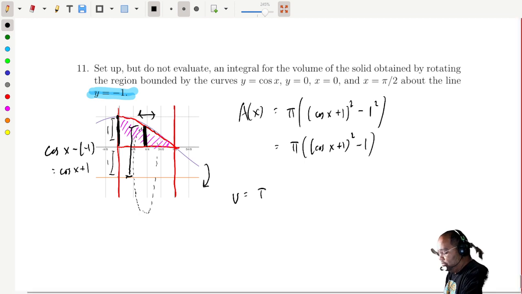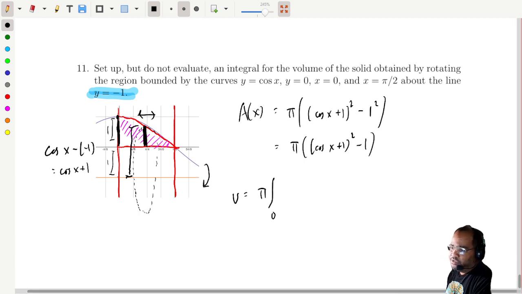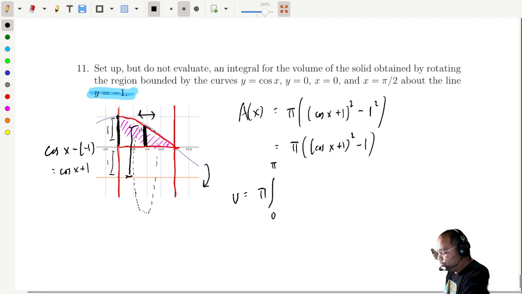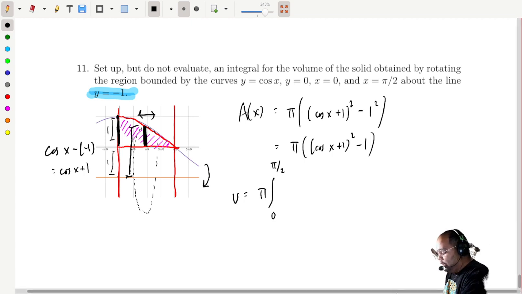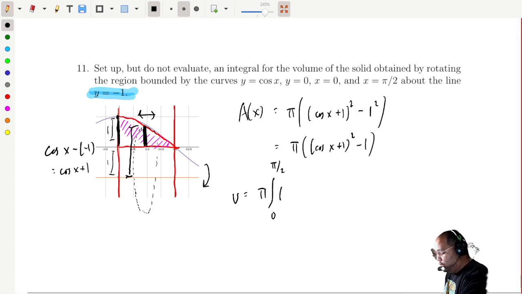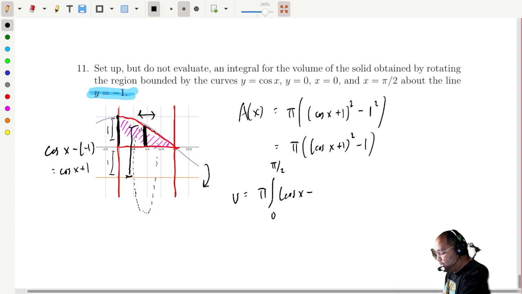Well, we're integrating this area function. Now it's from 0 to pi over 2. Again, whenever you have these horizontal or vertical lines as boundary curves, that tells you where you're integrating over. Okay. Now we'll have the integral of cosine of x plus 1 squared minus 1 dx.